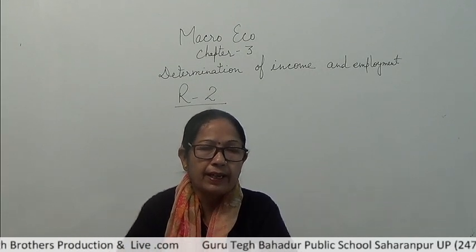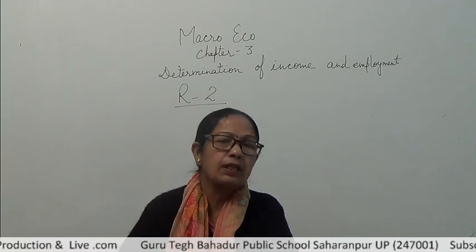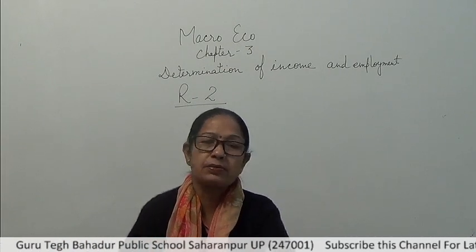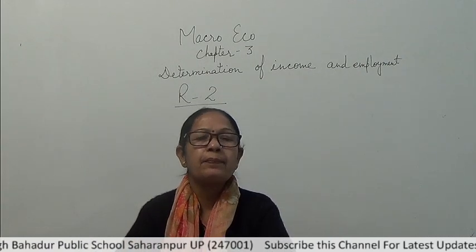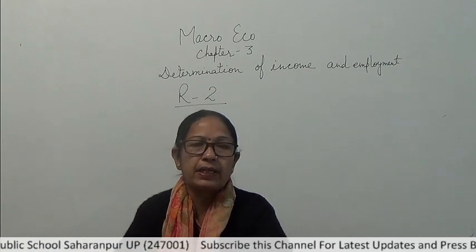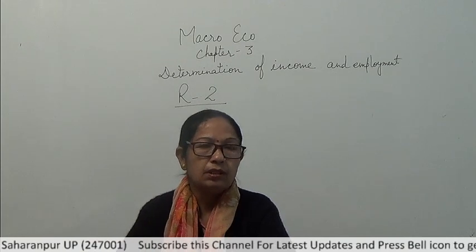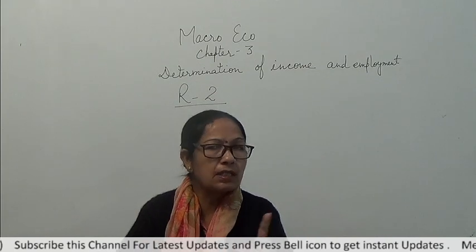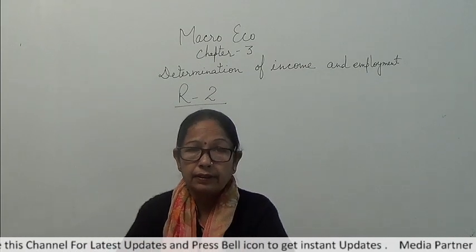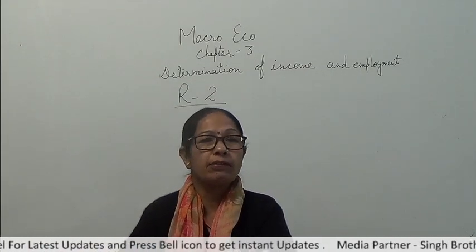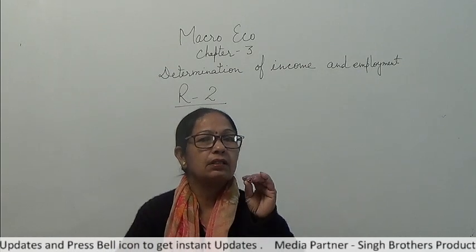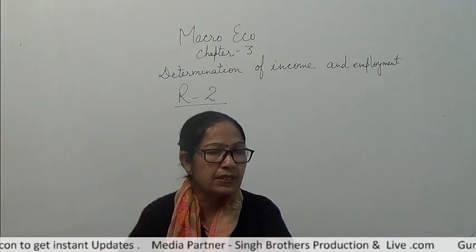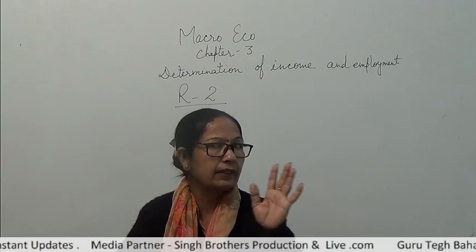If we have to derive APC or APS from some given values, income or consumption, whatever is given in your numericals, and if we have to derive both, first we will find APC by the formula C upon Y, and then we don't have to use the formula of APS, we just subtract APC from 1, and we will get APS.